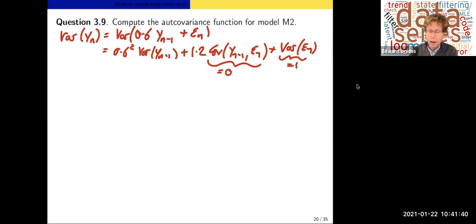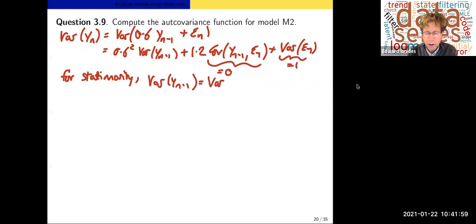And so for stationarity, I should have the variance of yn minus 1 is the variance of yn, which in the usual notation for autocovariance is the autocovariance at lag 0.